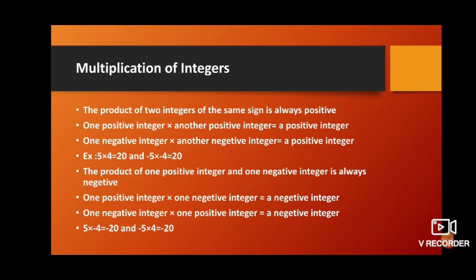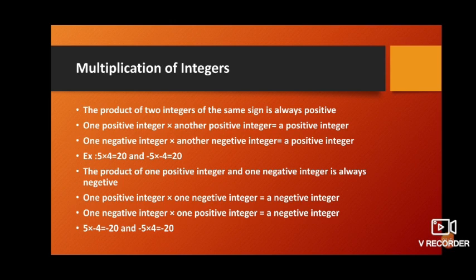Then one more case. If we multiply two integers and both have different signs, meaning one is positive and one is negative, or one is negative and one is positive, then we will get a negative sign for the result. For example, first example, 5 into 4: 5 4s are 20 as usual. One more example, minus 5 into minus 4. Here, if we multiply two negatives, we will get positive: 5 4s are 20.